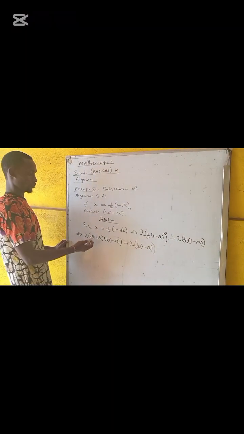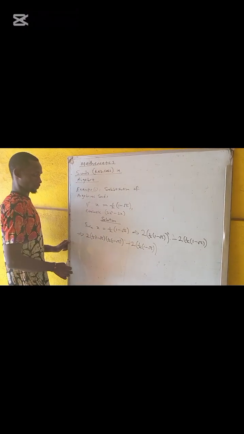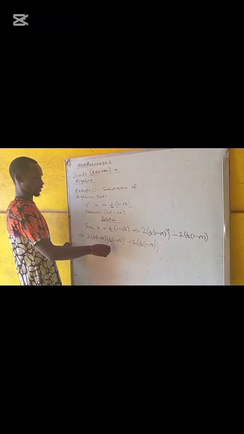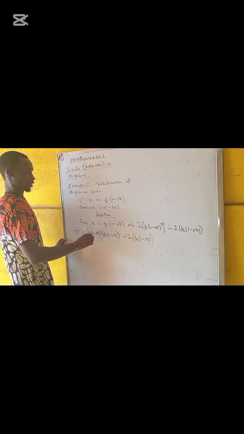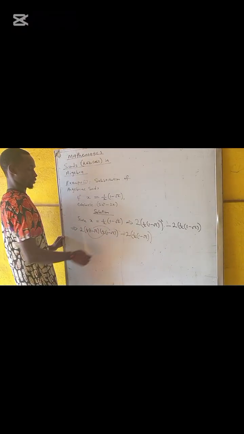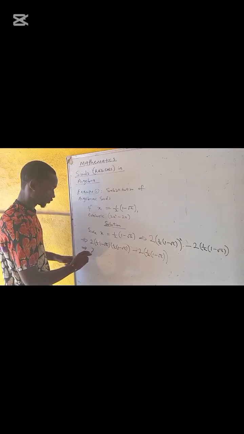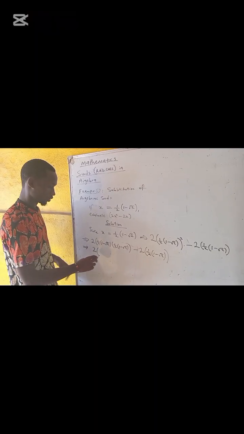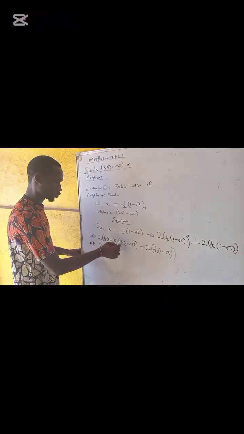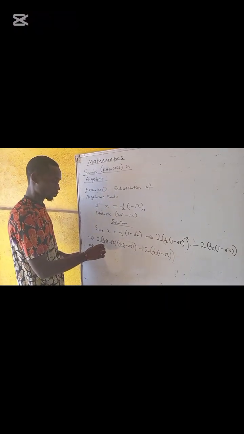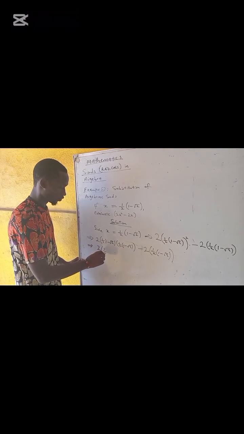Now since we have this, we multiply what is here. So this half times this half. This implies that we have 2 brackets, this half multiplying this half. 1 times 1 here is giving us 1. 2 times 2 here, the denominator, is giving us 4.